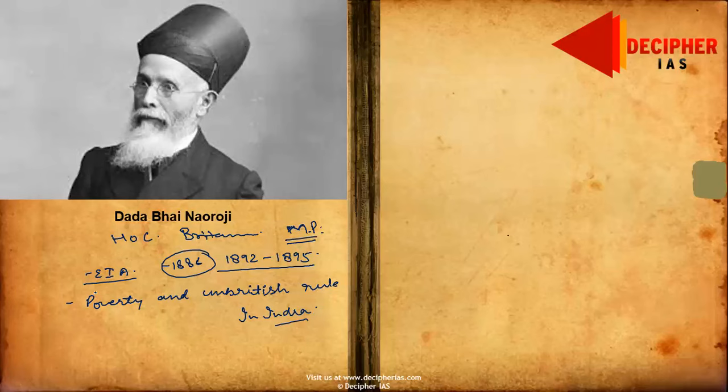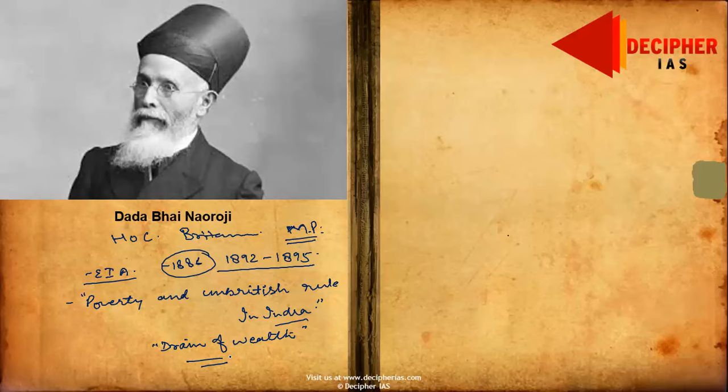This book was primarily focusing on the drain of wealth theory, which was popularized by Dadabhai Naoroji. This theory shows how the colonial rule was draining Indian wealth and benefiting the English masses and politicians and businessmen over there.